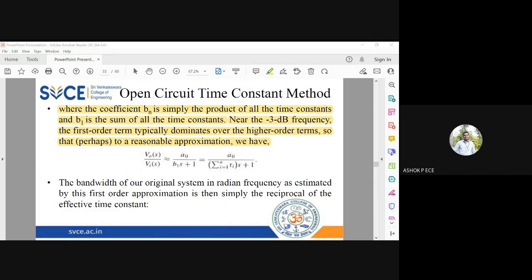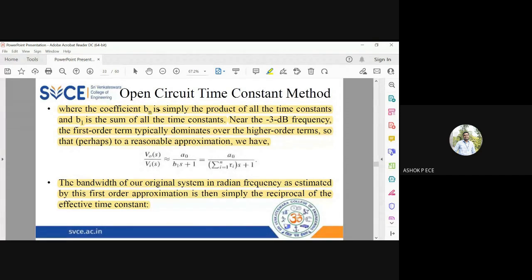And I can write this equation as, B1 is, as we said, the sum of all the time constants, right? So I'm taking the sum of all time constants, summation i equal to 1 to n tau i, into s plus 1. B1 is going to be the sum of all time constants and Bn is going to be the product.